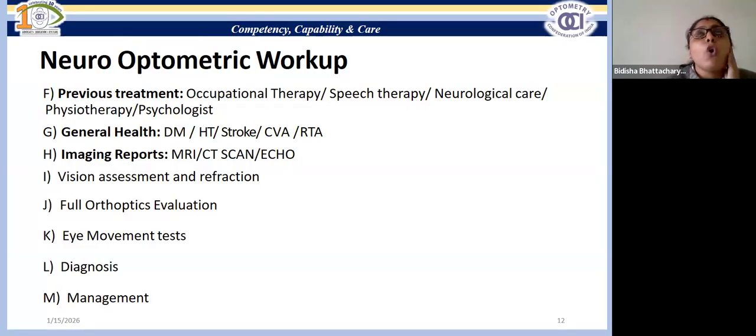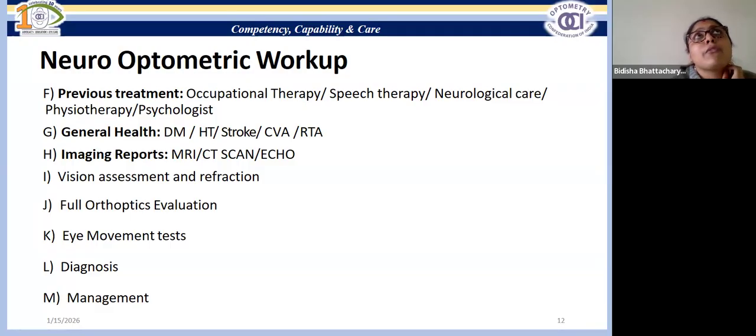If they have gone through occupational therapy, speech therapy, neurological care, physiotherapy, and psychology counseling, everything needs to be mentioned there. Because we are dealing with a patient whose condition is not normal, the duration, the starting date, the end date, and the session details all need to be mentioned in our medical record.